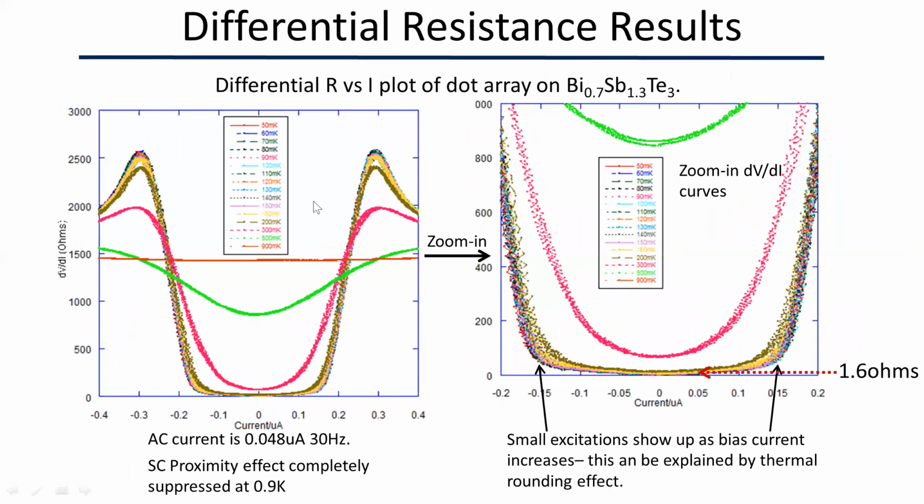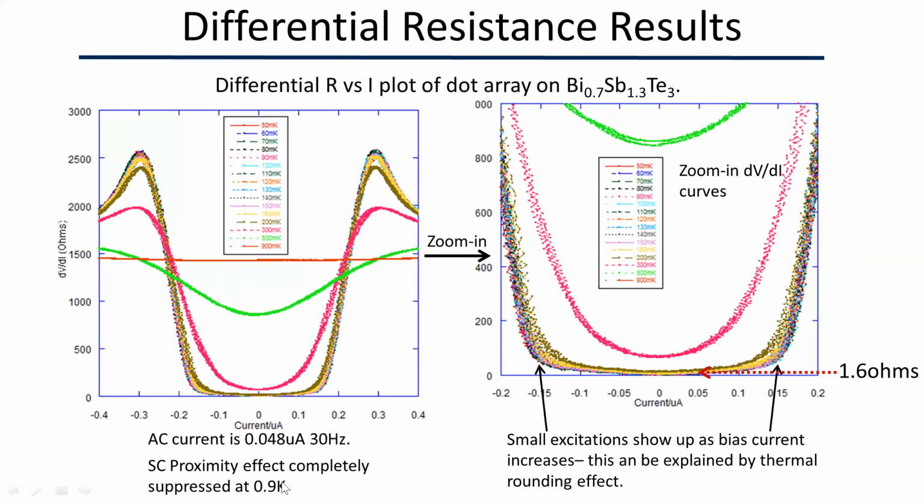I also did a differential resistance measurement of the array on bismuth antimony telluride. The AC current is again very small, 48 nanoamp, smaller than the critical current, and the superconducting proximity effect is completely suppressed at 0.9 K, which is indicated by this right curve.